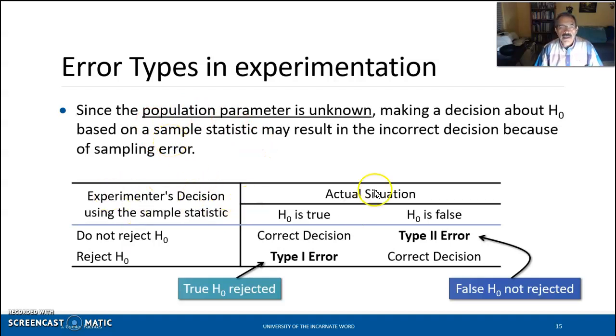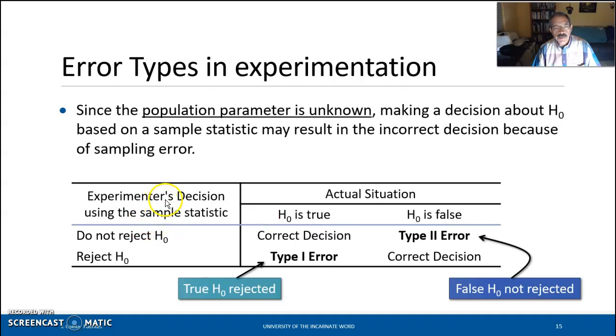So this table summarizes the errors that one can commit. The experimenter's decision using the sample statistic could be to not reject the null hypothesis or to reject the null hypothesis. And here on the right side of the table, the actual situation could be that the null hypothesis is true or that the null hypothesis is false.